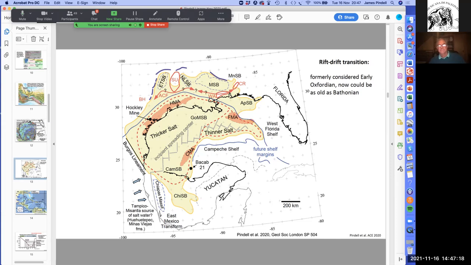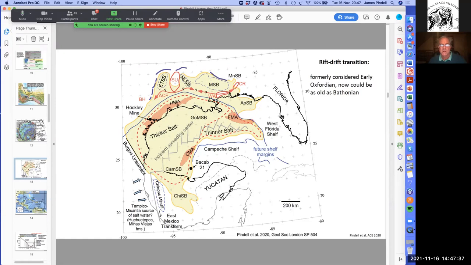Okay. Now, we also said that the salt goes out to the edge of the oceanic crust, but it doesn't go onto the oceanic crust. So by making this reconstruction, we are also making a salt reconstruction between the north and the south.